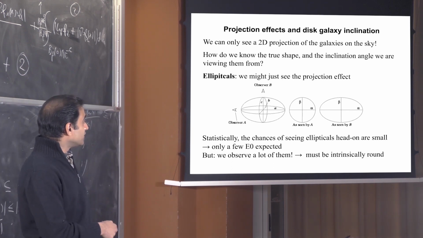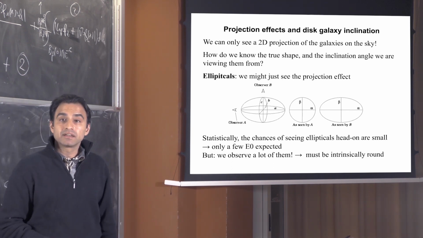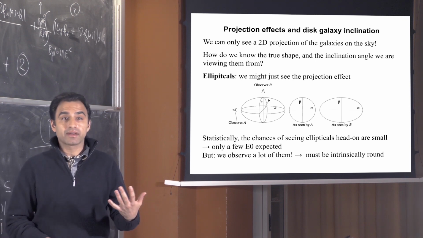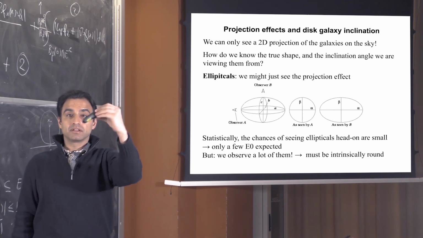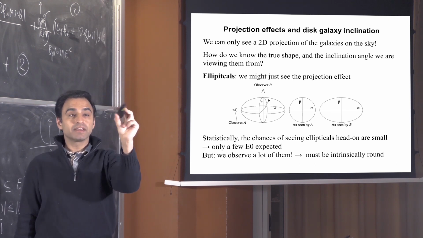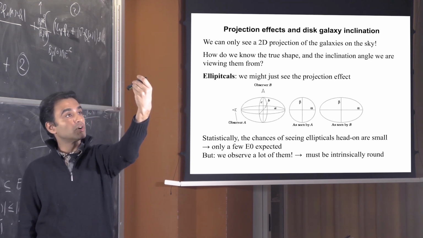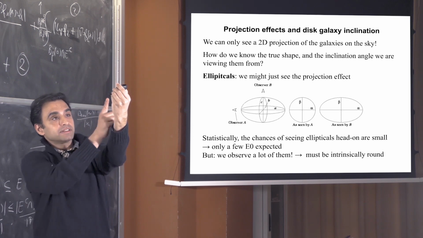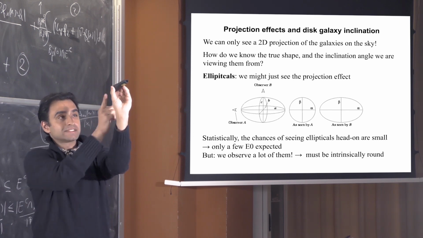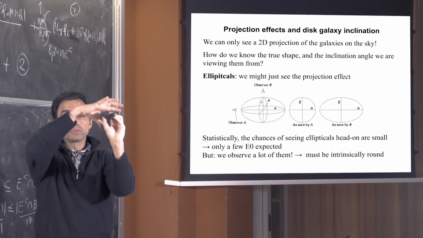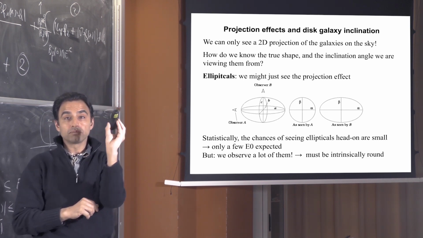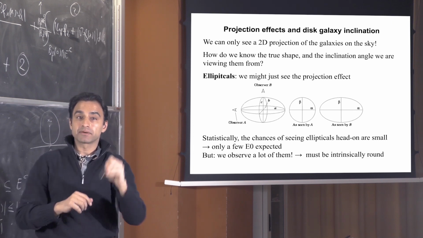The chances of these projection effects, okay, are not high. If you think about the full solid angle of a cigar, the chances that you are going to see it along this direction or along this direction are quite small with respect to the full possibilities of rotation of this cigar.